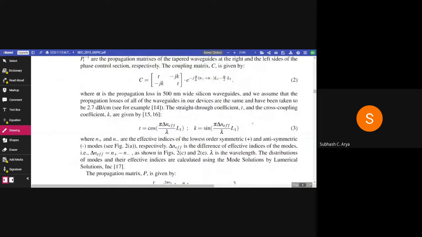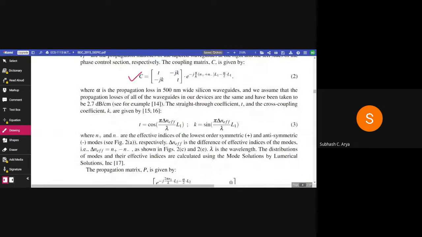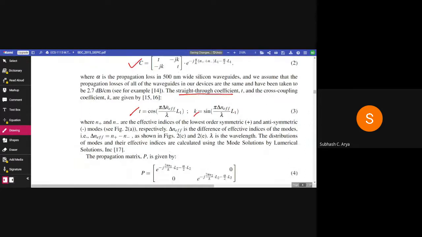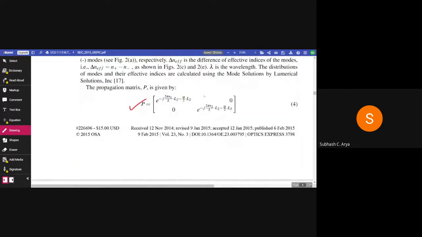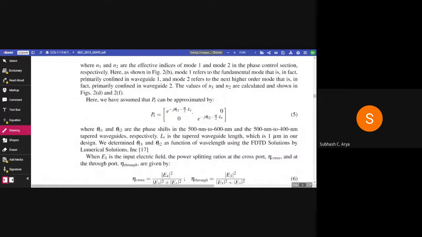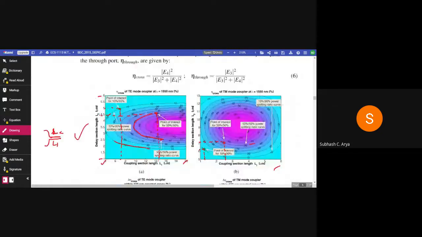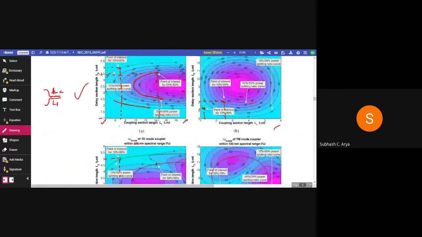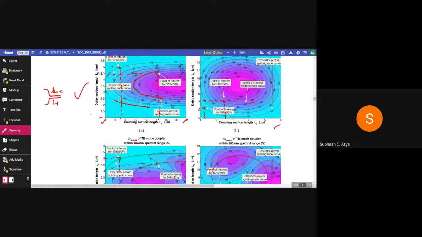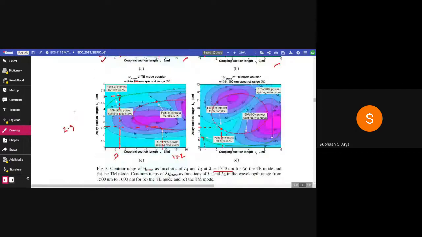Thereafter, we come to know what this coupling matrix is, then this T means the straight-through coefficient, then cross coupling coefficient K, and this propagation matrix P. And then this is the contour map to determine the optimum length of L1 and L2 for 50-50 couplers.